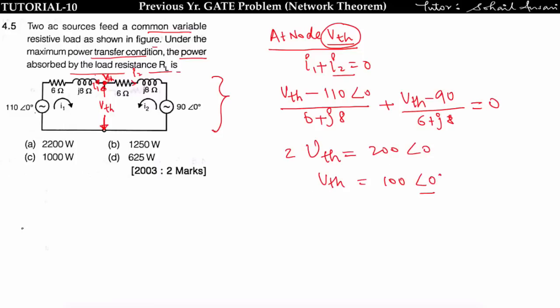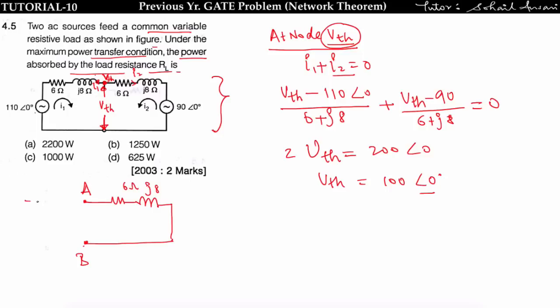Now find RTH. How will you find RTH? To find the RTH, we have to short circuit the voltage source and open circuit the current source. Here two voltage sources are connected, so I will short circuit these sources and find the RTH across this point. If I short circuit the voltage sources, this is 6 ohm, this is J8, and this is short circuited.